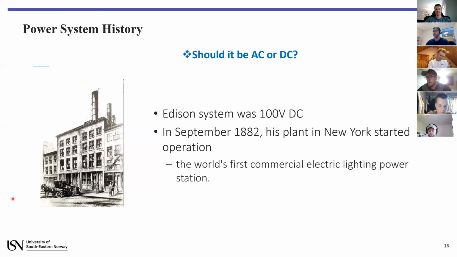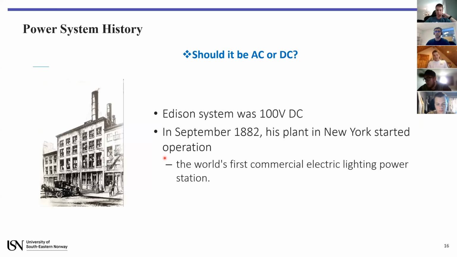So let's go. Yes, there was a fight to decide which one is better. Edison started with the DC system. He invented a power system with 87 consumers in New York in 1882, and it was DC.